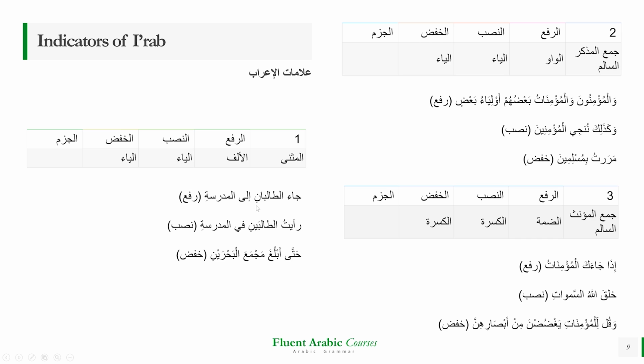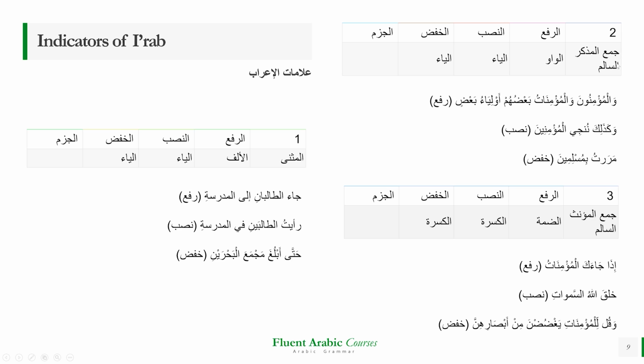So the word taliban, here it is in the state of rafa. How do we know it is in the state of rafa? By this alif, at-taliban. If it is in the state of nasab, it is going to be talibaini. So the ya here in the middle, it indicates the state of nasab. حتى أبلغ مجمع البحرين. Again, for the state of khafdh, it is going to be the ya again.